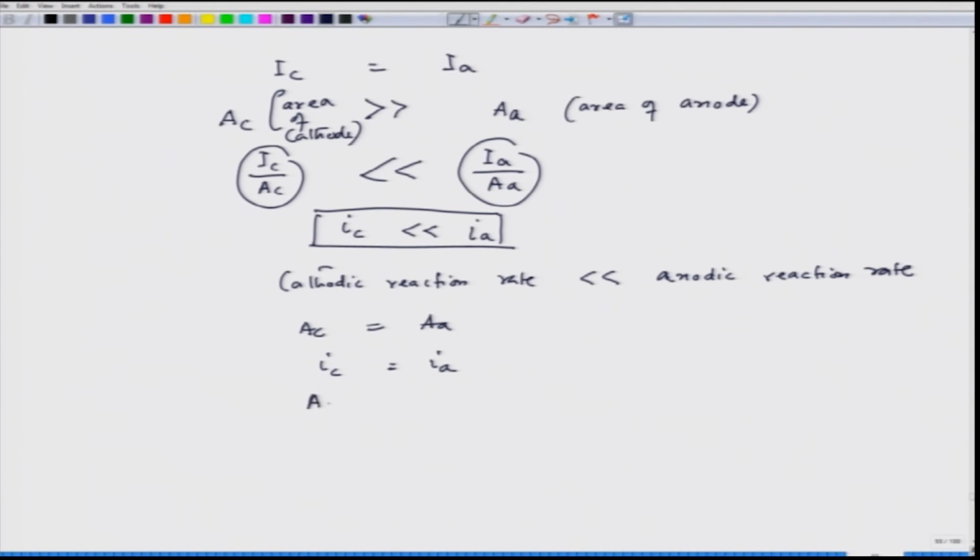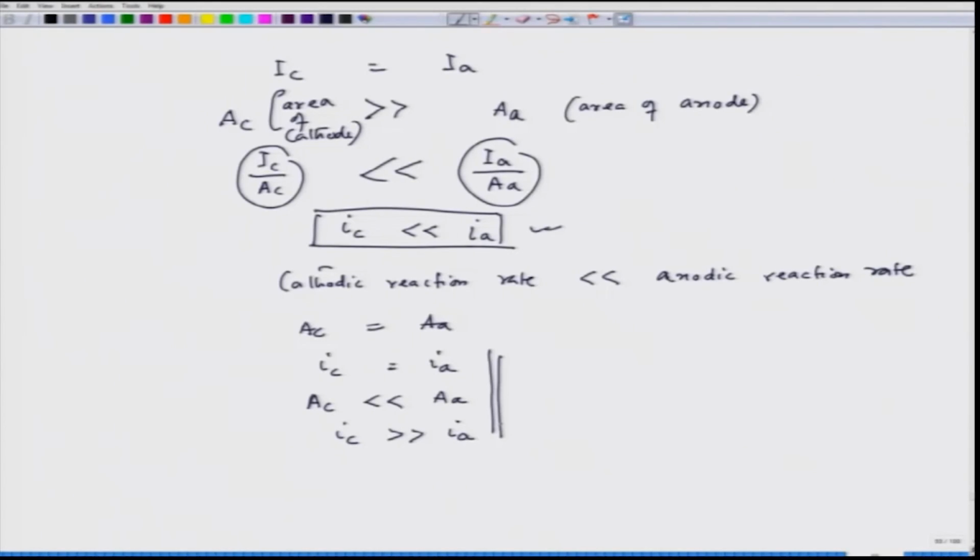And if A_C is less than A_A, I_C would be greater than I_A. What is interesting is that in this situation the anodic current density is very high. The dissolution rate of the anode would be so fast if we have a larger cathode area compared to the anodic area. The anode will dissolve to meet that many electrons required for the cathodic reactions on the cathode surface.